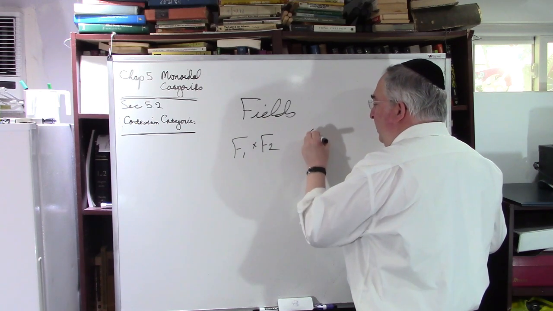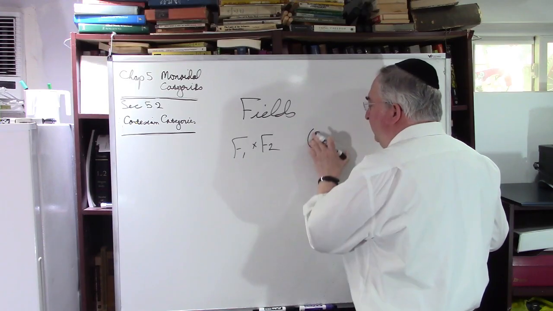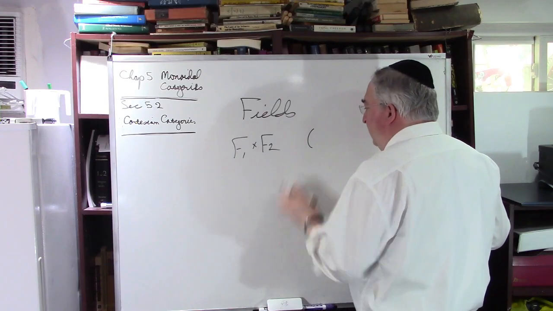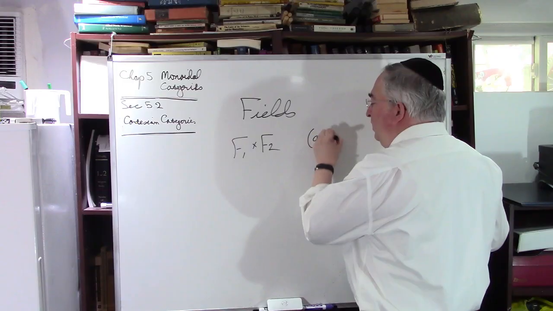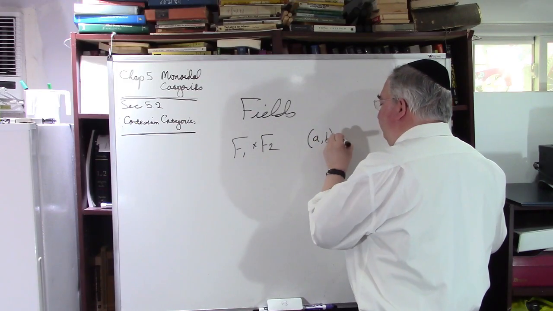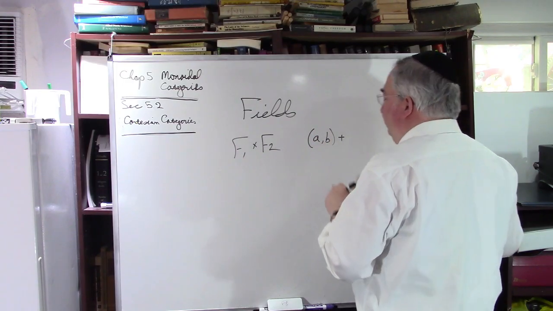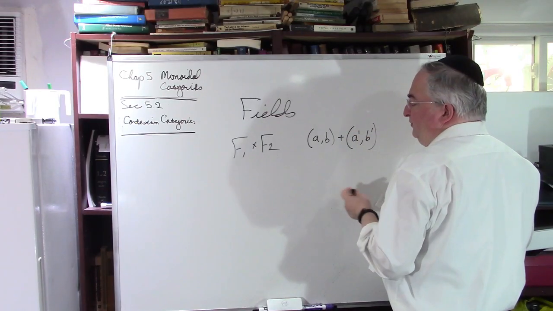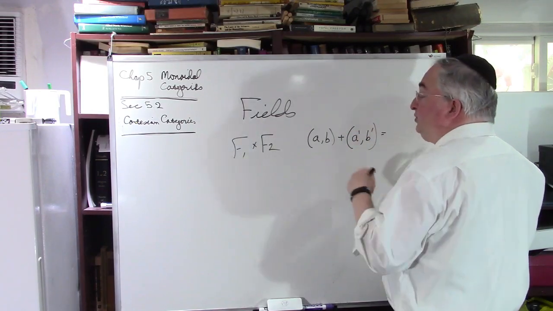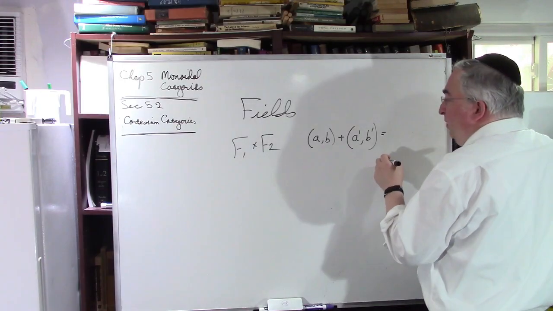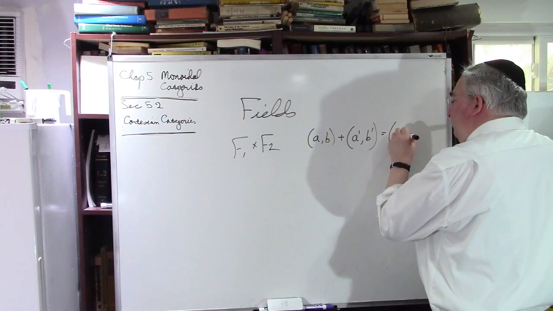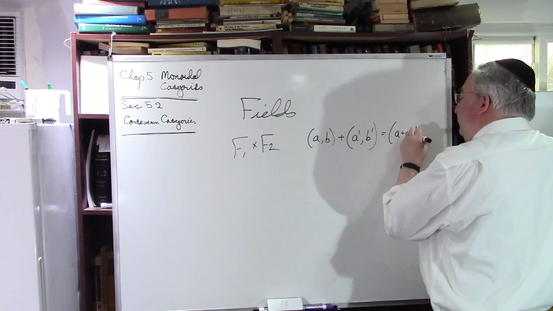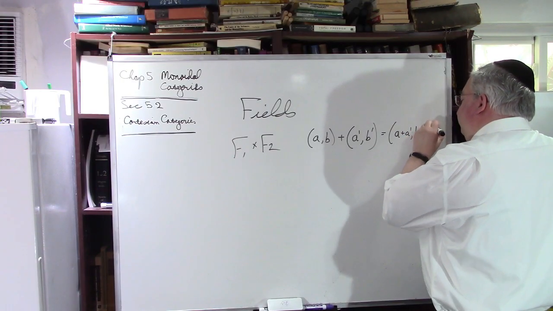So for example, you might have an element A, B. A is in one field, B is in another field, and you want to add it to another element, A prime, B prime. That's very simple. It works pointwise, or component-wise. So you're going to get A plus A prime, comma, B plus B prime.